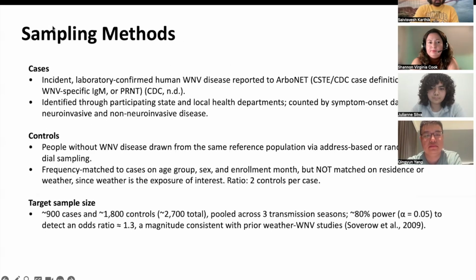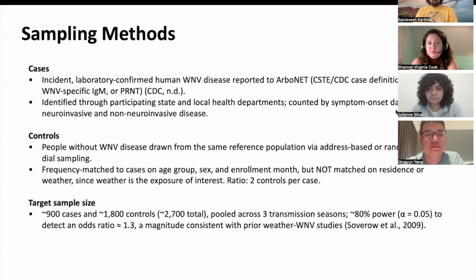In terms of the study methods and the sampling methods we're using, since this is a case control study, we will be sampling on the basis of disease status. For our cases, we'll be using all laboratory confirmed human disease cases that are reported to ArboNet during the study period using the standard CDC definition and confirmed by PCR or other laboratory based exams.